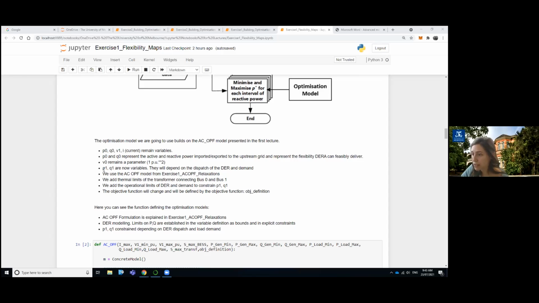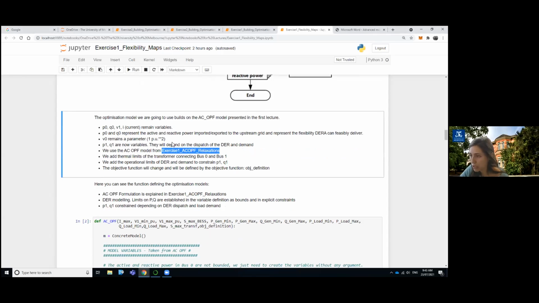The main difference is that P1 and Q1 are now variables and depend on the device operation, which is also a new variable that we're taking into consideration in this optimization model. We're using the ACOPF model from the exercise 1. So if you have any doubt, you can refer to that exercise for more details on the formulation.